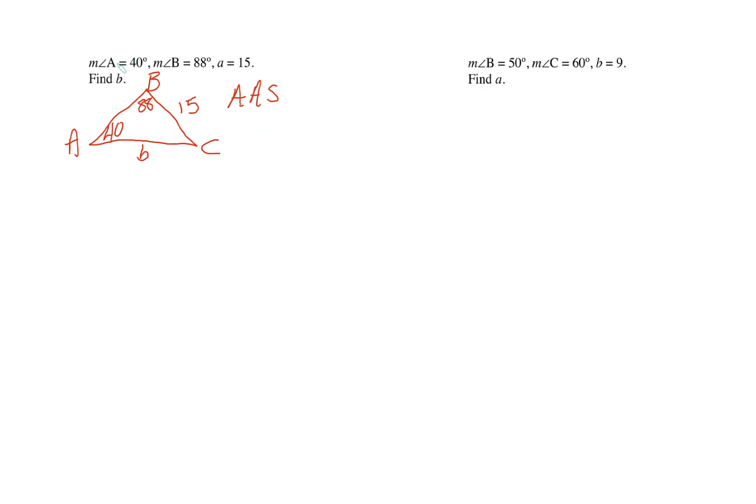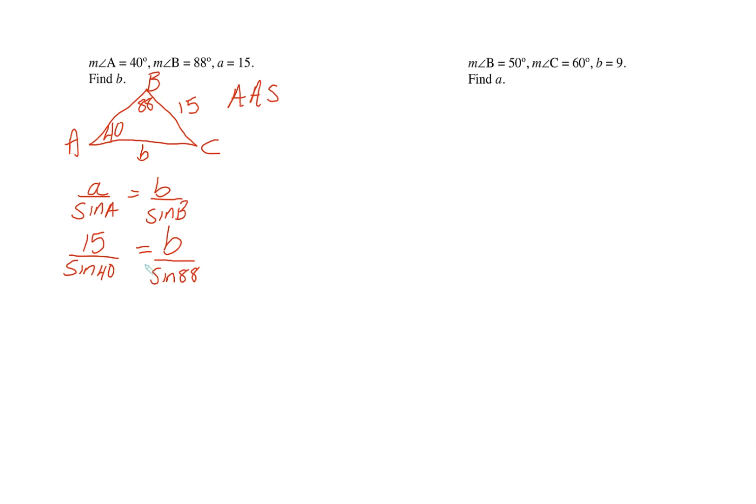Since we have a's and b's, our formula would be a over sine A equals b over sine B. That would be 15, that is our a, over sine 40 degrees equals, I'm finding b, so that's going to stay as b, over sine 88.